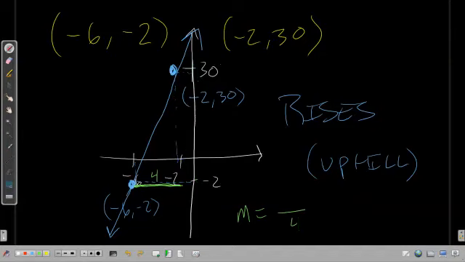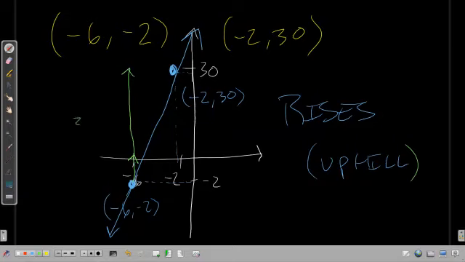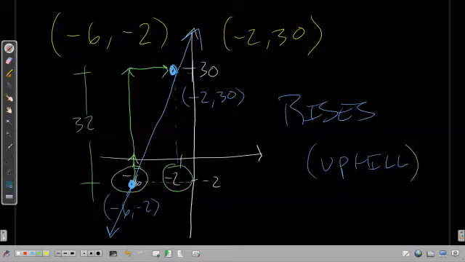Or maybe you would like to do the rise first and stay away from all this other writing I have down here. That's fine. Starting from the point on the left, I would have to rise 2 units, and then I'd have to rise another 30 units. That's 32 units. And then when I run, it's just like from -6 over to -2.